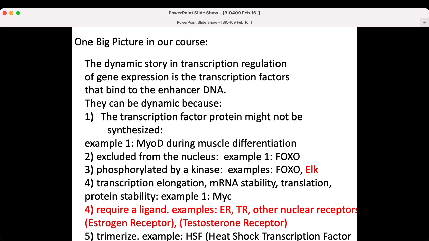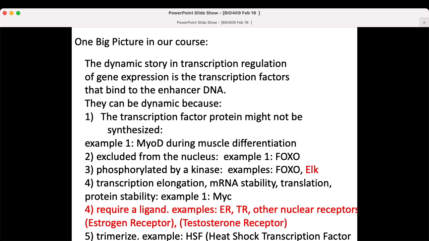So, estrogen receptor, it's dynamic. It's a transcription factor that's dynamic. How is it dynamic? How does it switch genes on? And the answer is a hormone. Small molecules that bind to proteins are often called ligands, just a general word. And so estrogen is a ligand for the estrogen receptor. So we want it on our list because it's really cool. So it requires the hormone.